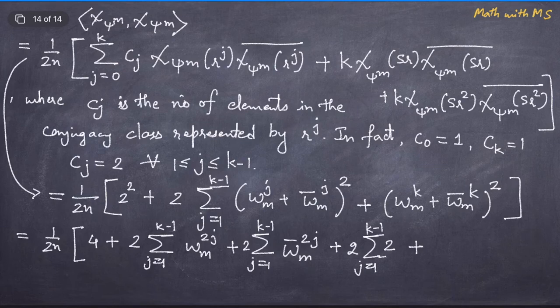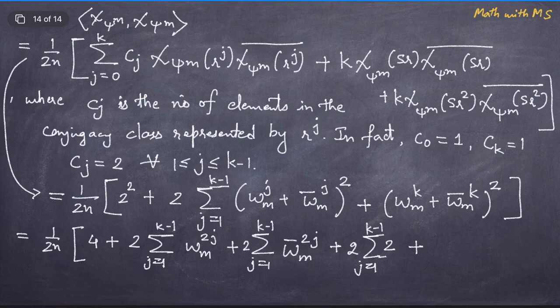alright, plus now here omega m to the power k plus omega m to the power k bar whole square. When you square it, it becomes omega m to the power 2k, but 2k is n, so which is basically 1 actually. Similarly, omega m to the power 2k bar, that is also 1, plus 2 times omega m to the power k into omega m to the power k bar. But notice here that omega m is an nth root of unity where n is 2k.